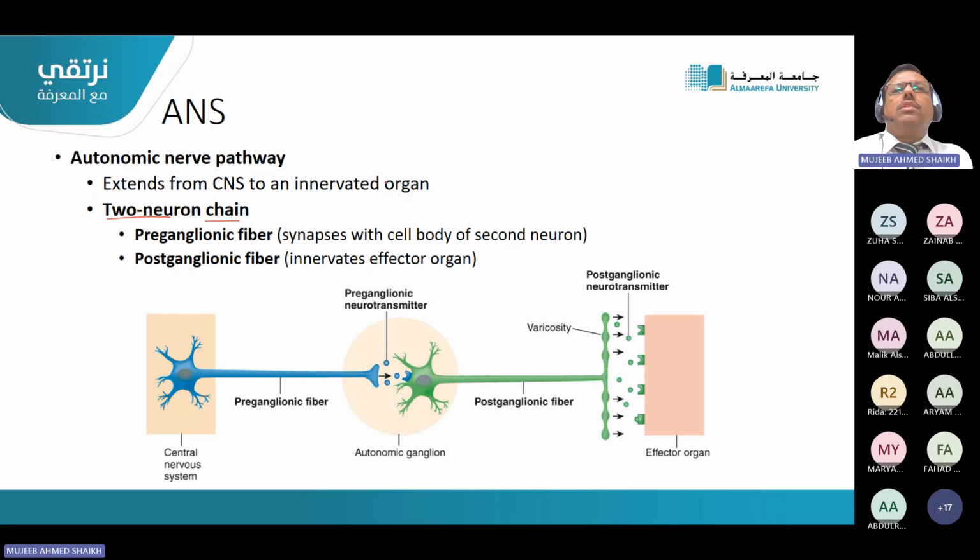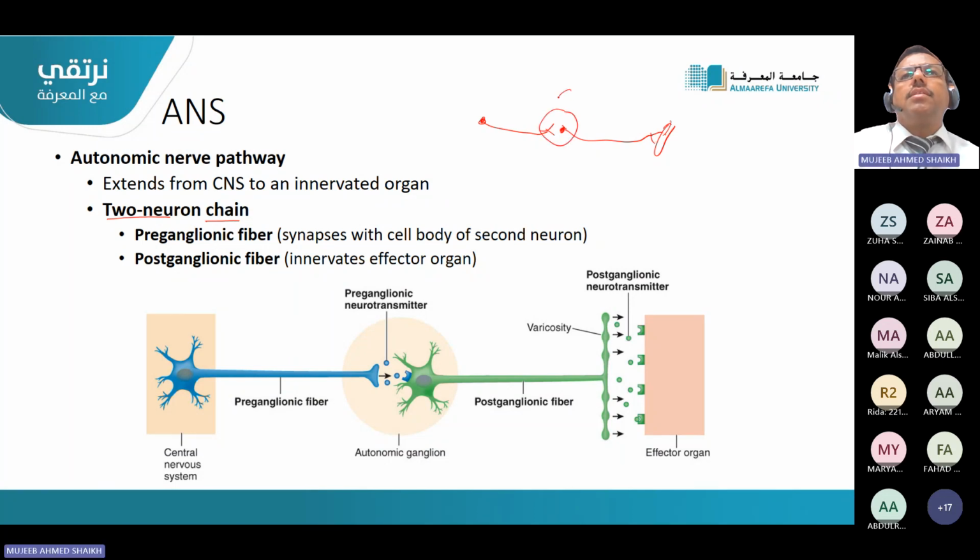One starts in the spinal cord or brainstem and ends in the peripheral area. From there, the second neuron will start and supply the muscle or the organ.